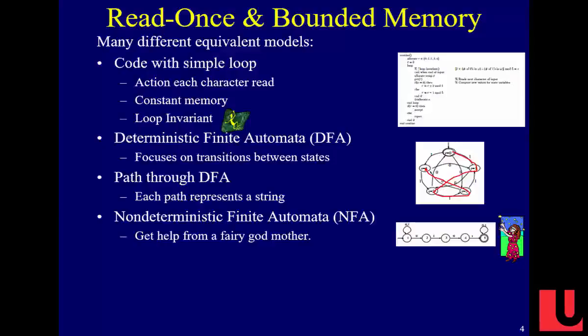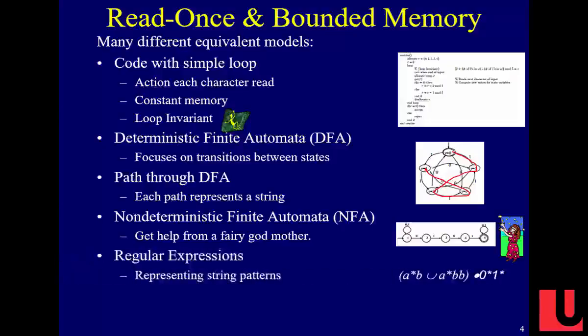It's also easier to build a machine that's non-deterministic, and then we're going to have a way of compiling. If you give me a non-deterministic one, there's an algorithm for compiling it into a deterministic one. And so that's one of the things we're going to do.